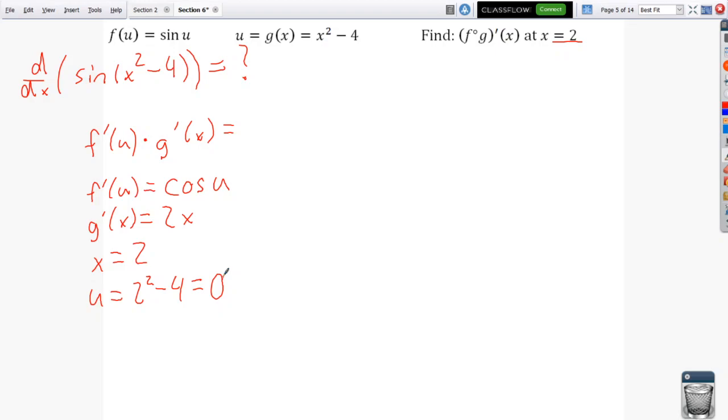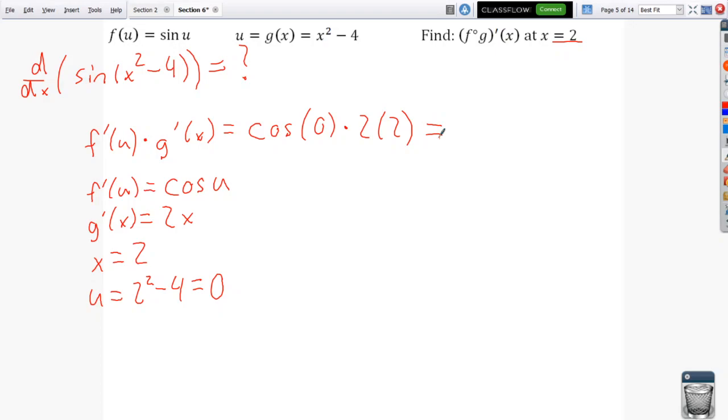F prime was cosine. Cosine of u is 0 times g prime of x. G prime is 2x. X is 2. So this would be 2 times 2. So we've got cosine of 0 times 2 times 2.